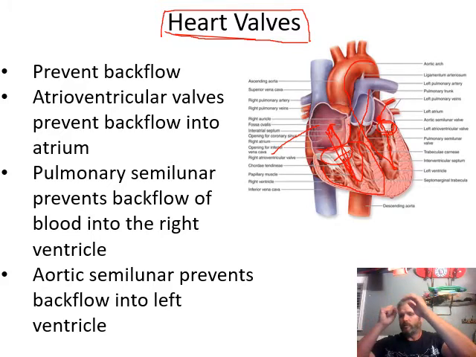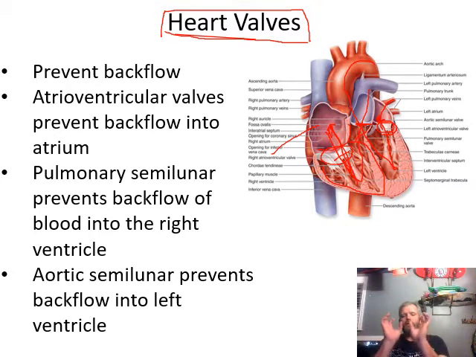When the ventricles are contracting, the chambers are getting smaller, and the blood wants to flow back to the right atrium, but as the blood tries to flow back, boom, the valves get snapped shut. And those valves are going to cause heart sounds. The other set of valves are the semilunars, the pulmonary semilunar and the aortic semilunar.